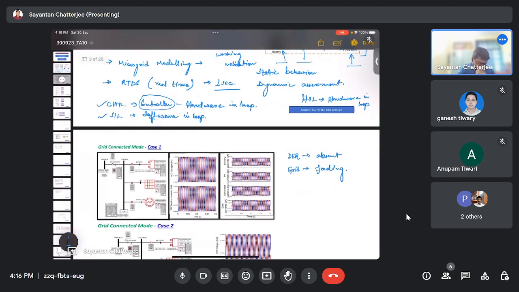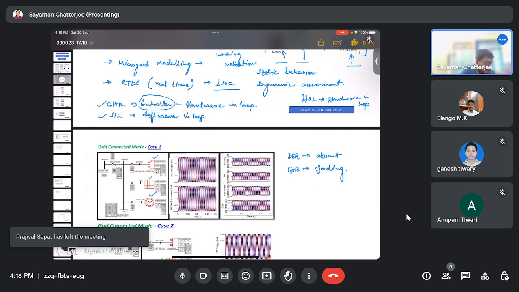Accordingly, this is the PV, this is the diesel generator. The diesel generator has been kept to maintain the system balance, the frequency balance, or in case there is a fluctuation in the generation, because renewable sources are uncertain in nature.